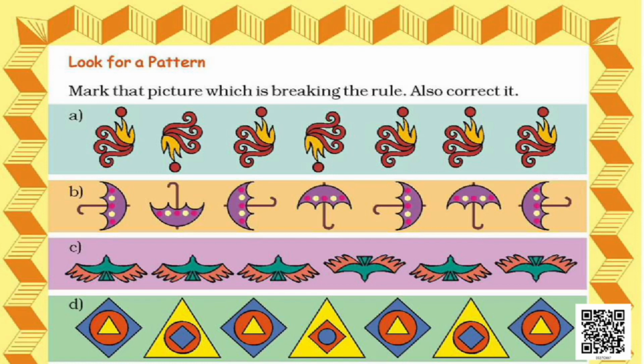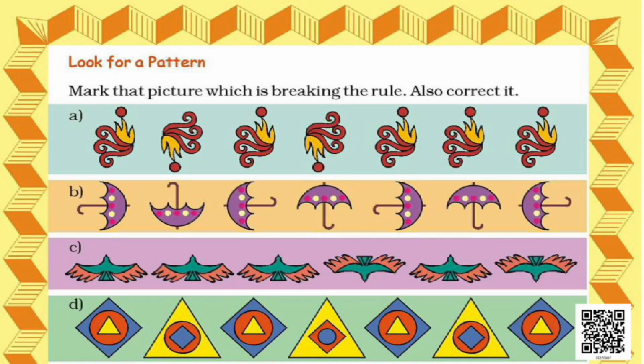You can clearly see that the second umbrella is downwards. That means it is rotating 90 degree. The third picture is also following the same rule of rotation of 90 degree. The fourth umbrella also follows the same rule of 90 degree.